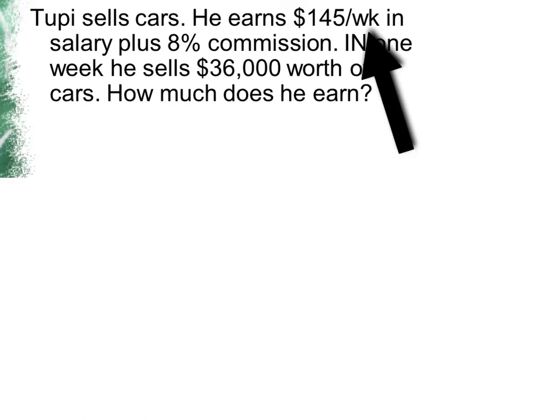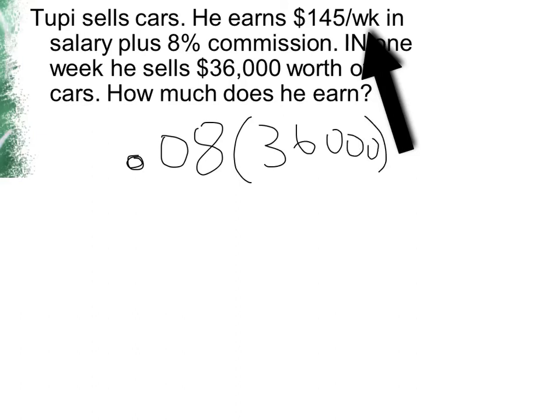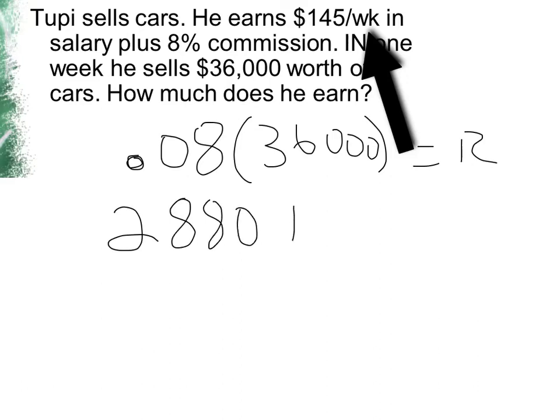He gets an 8% commission, so there's your P, that's 0.08. He sells $36,000 worth of cars, so that is your Q. 8% times 36,000 is 2,880, but then you have to add his $145 per week. So his total amount of money that he earns is $3,025. Not too bad.